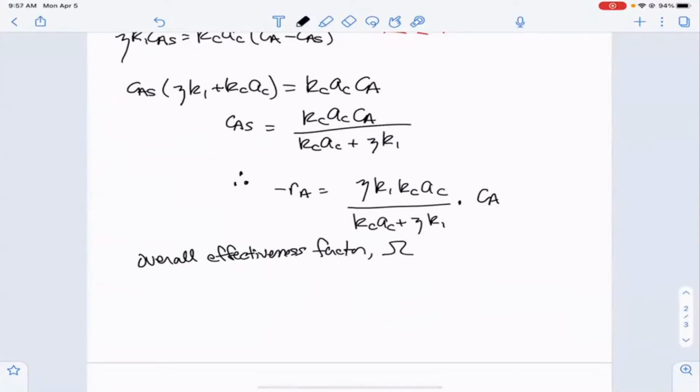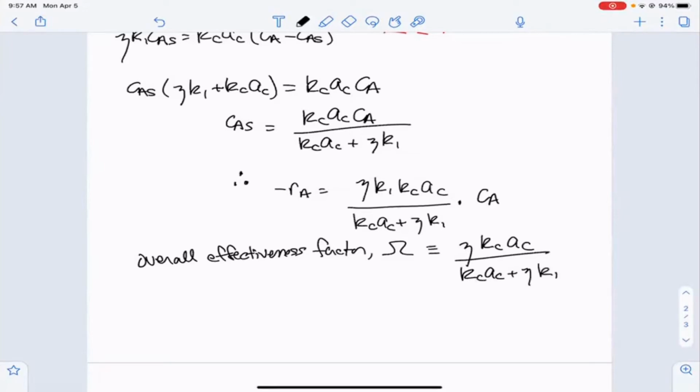It's going to be given the symbol omega, and it's going to be defined as everything in this term except for K1 in the numerator. So it's defined as the effectiveness factor times KcAc divided by KcAc plus the effectiveness factor times K1.